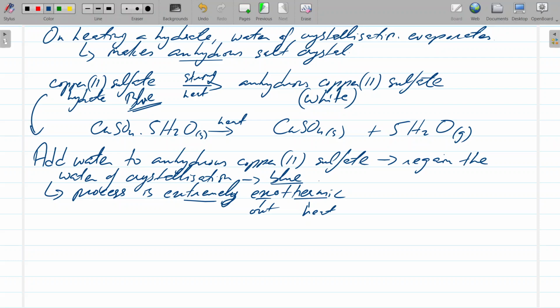Now, the color change of anhydrous copper 2 sulfate from white to blue only happens when water is present, because it's getting the water of crystallization back. So this particular change in color can be used to test for the presence of water.